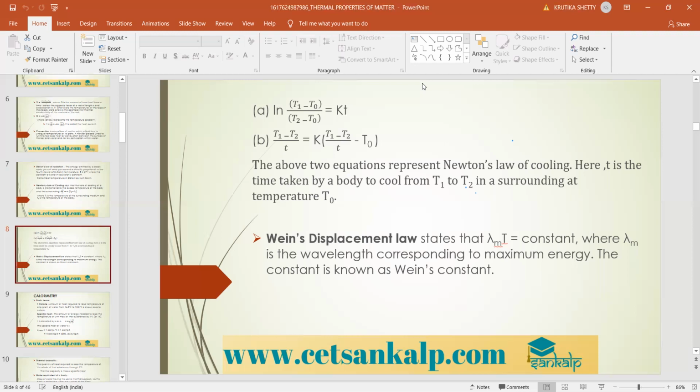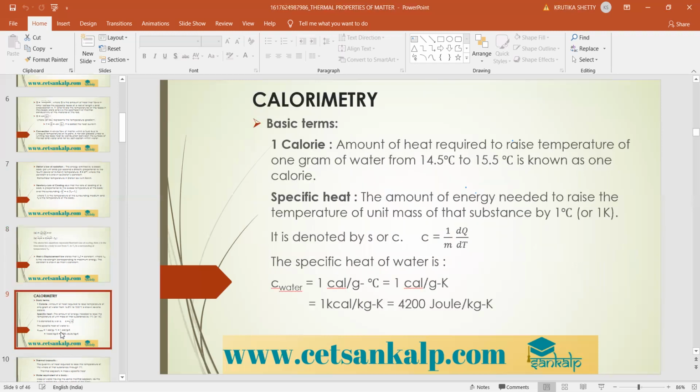Actually, the wavelength corresponding to maximum energy is inversely proportional to the temperature. That is the statement for Wien's displacement law. After simplifying, we get lambda m into T is equal to constant, and that constant is nothing but our Wien's constant here.